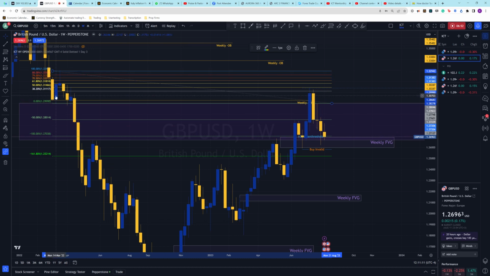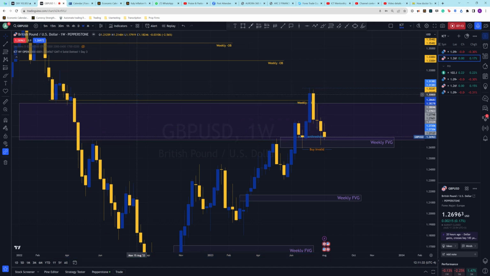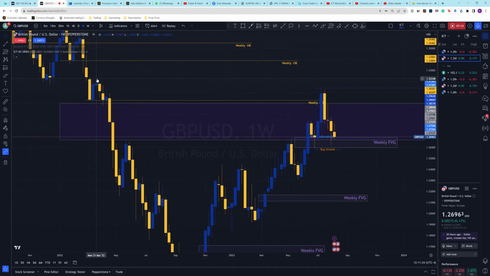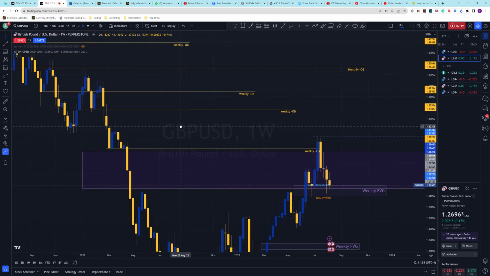I'm using those two because the body of this particular order block is very small. If I bring it down here, then we see it happen even more perfectly on the weekly. So price has rejected off the order block. We could see a change in the state of delivery.